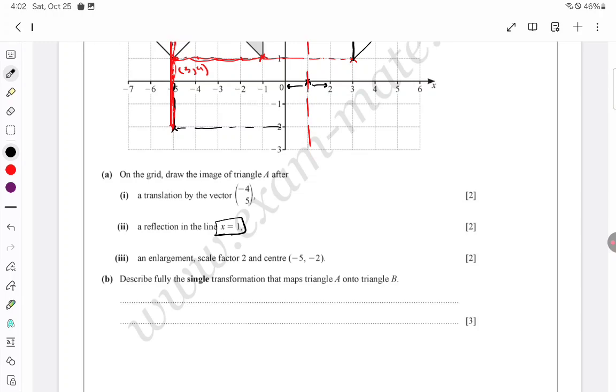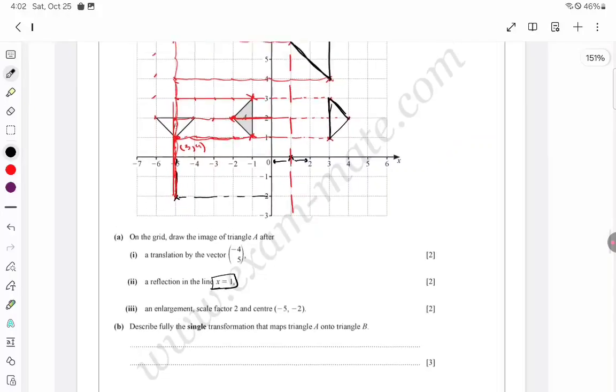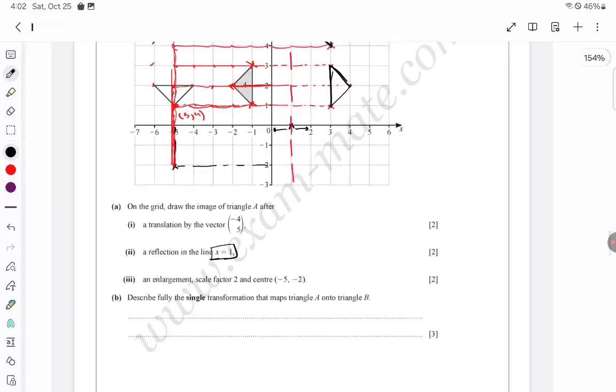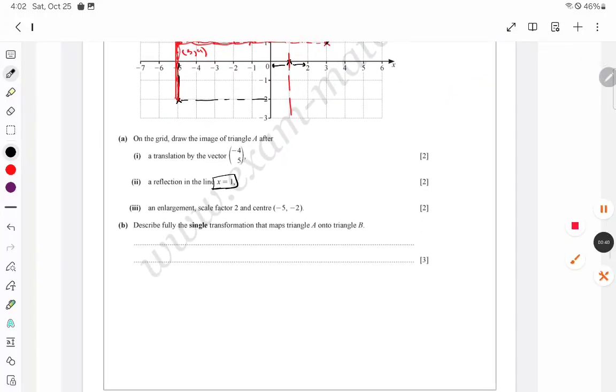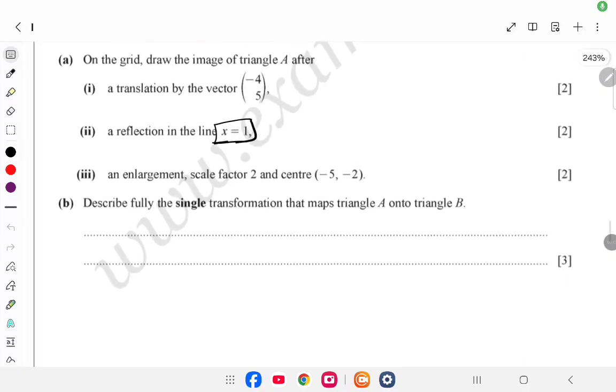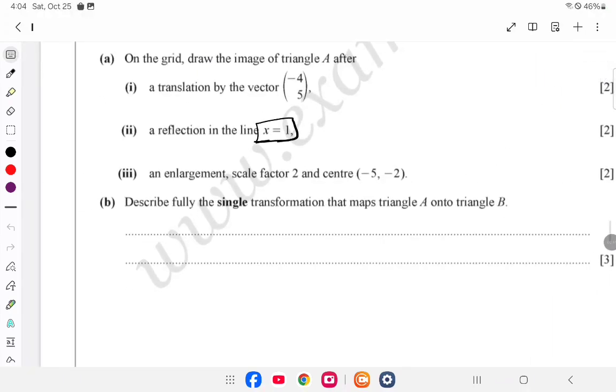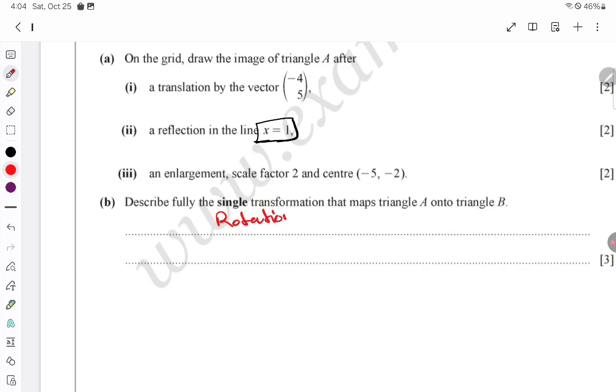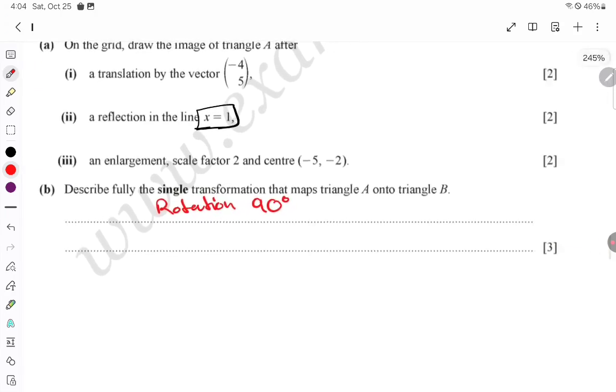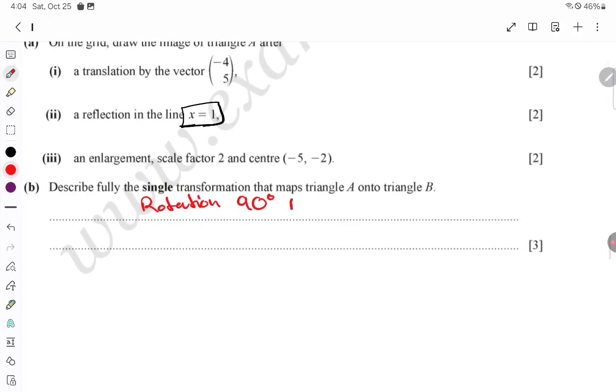Now describe fully the single transformation that maps A onto the triangle B. So this is our rotation, a 90-degree rotation in the anti-clockwise direction. So we can say that the rotation is about 90 degrees in anti-clockwise with the center negative 3 comma 0.